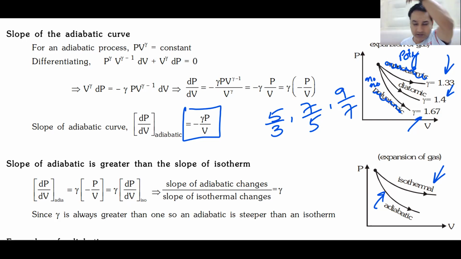Remember this. In the next class, we'll go ahead and solve some questions on adiabatic process, and see polytropic process, and we will see the formula for calculating the molar heat capacity for any polytropic process or any different process. And we might also solve some questions from Irodov if time permits.